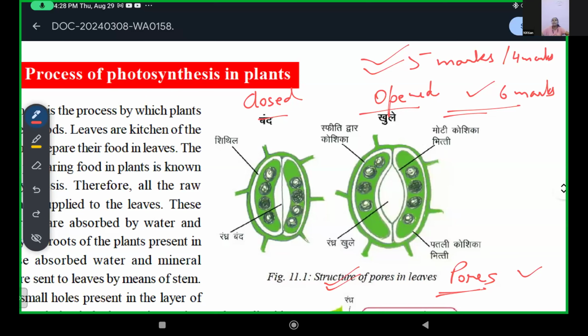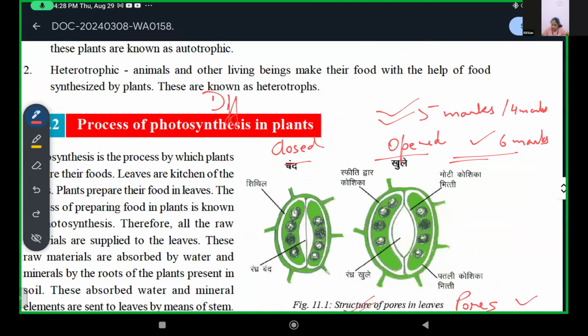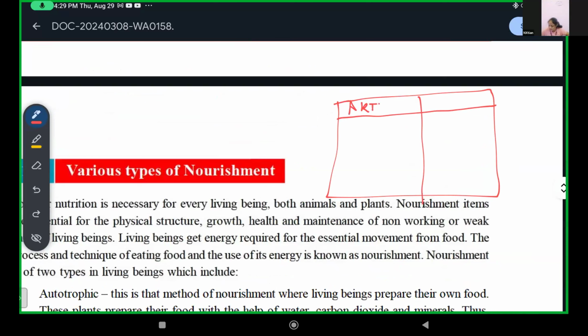And when I'm asking the difference between this and this, please try to make a column like this. Let me explain here. Suppose I've given the difference between arteries and veins. Write arteries and veins.